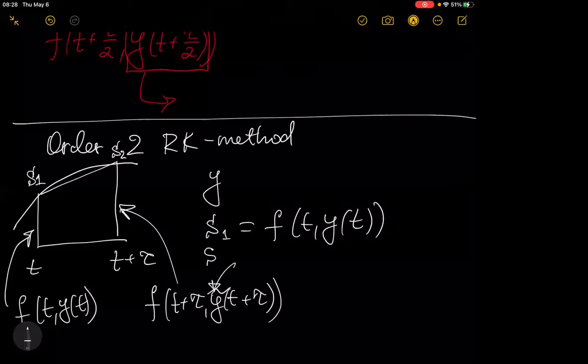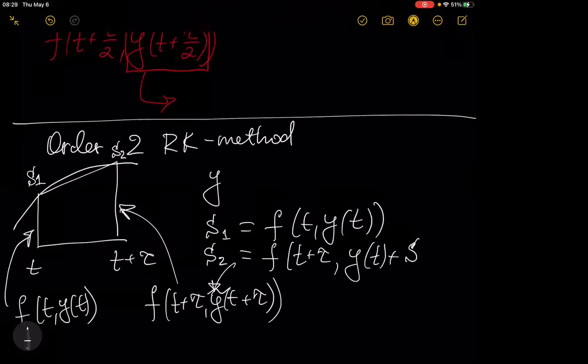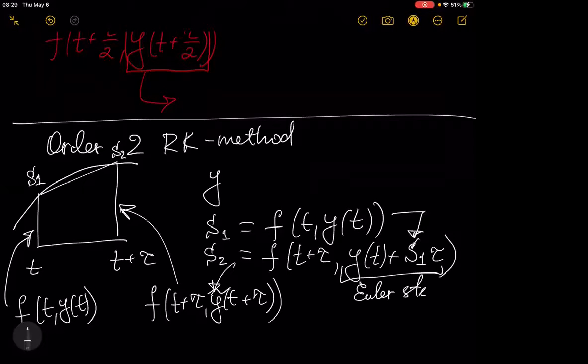So S2 is f of t plus tau, y of t plus S1 tau, because this is nothing else but the Euler step, right?